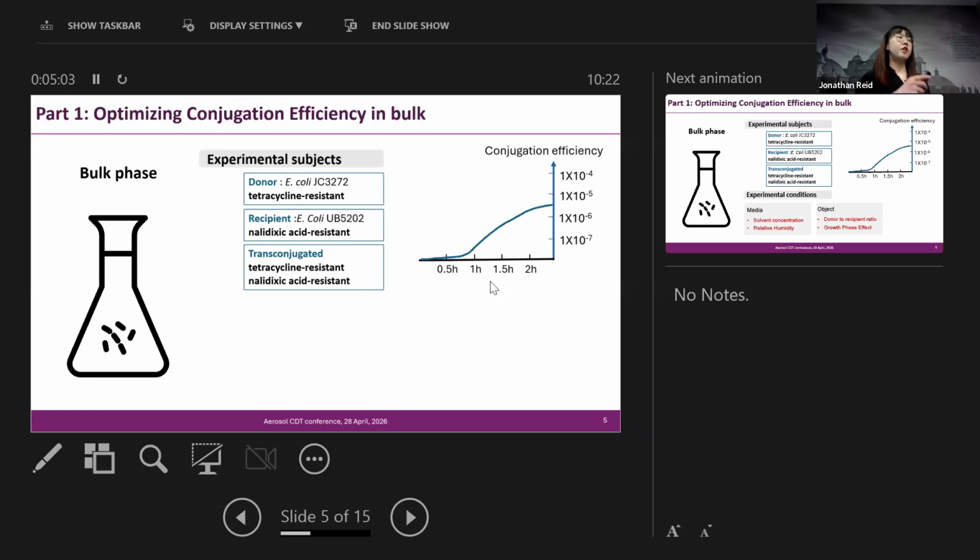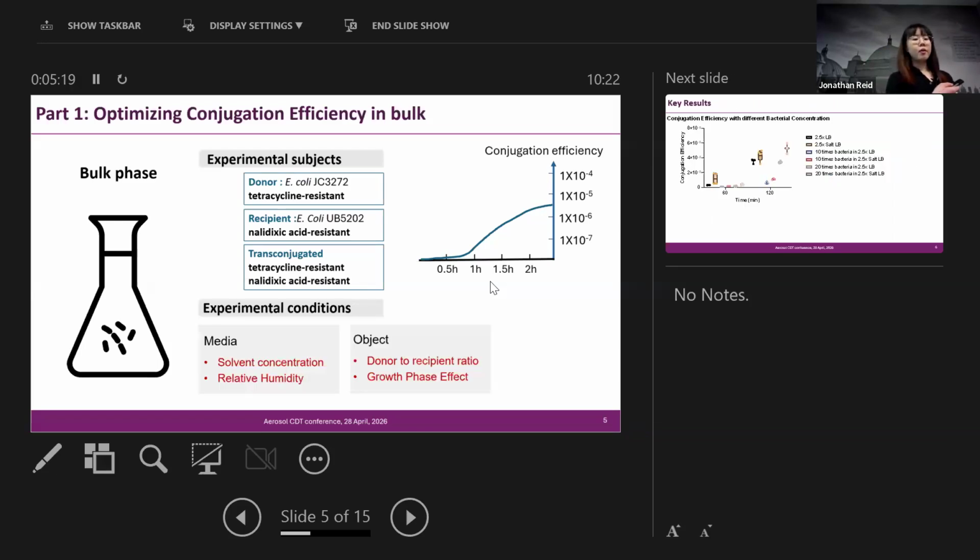This means if gene transfer really happened, the new transconjugant bacteria will have both antibiotic resistances. In this case, we can use a selective plate to pick the colonies on the plate. And here we tried a lot of different factors to see if they help conjugation happen in the bulk phase.